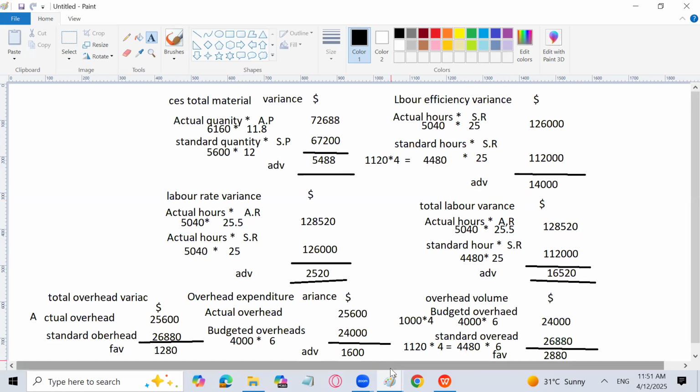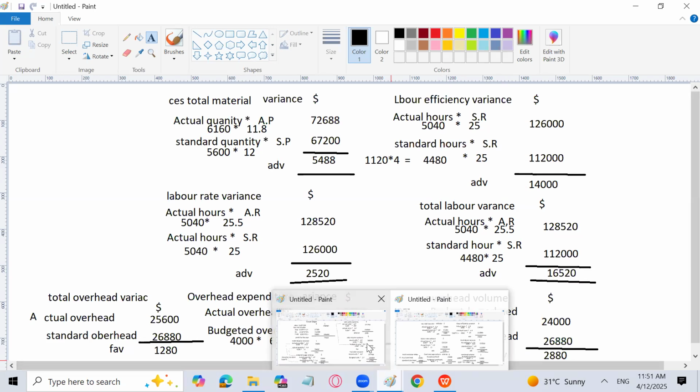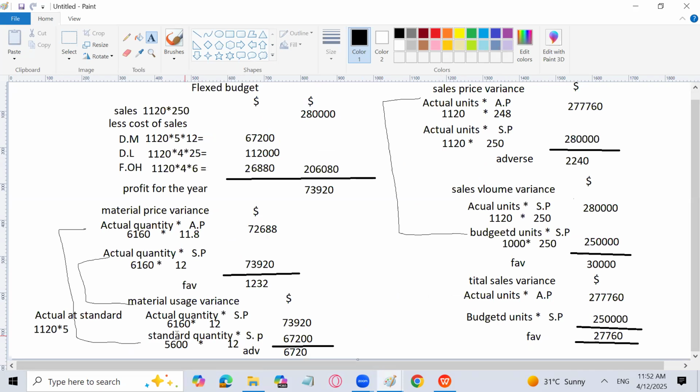And because of that, and because of low quality material also, the material usage variance is adverse. We are using more material because the unskilled labor is wasting the material, and the material is also of low quality. Those are the 2 reasons. We can combine these variances like this to analyze the situation.